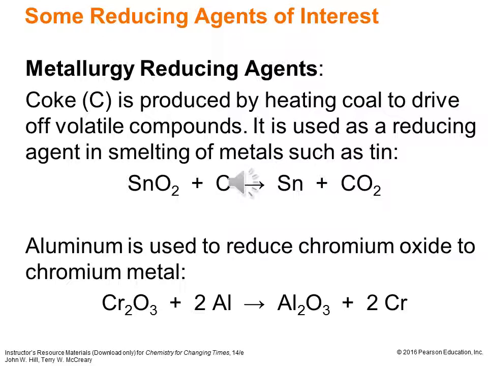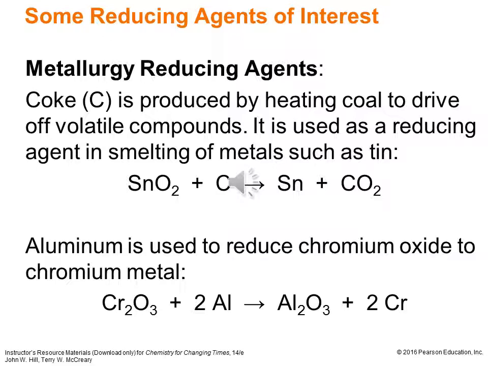And it's produced by heating coal and driving off the volatile compounds, and you're left with this coke, this essentially pure carbon that you can add to smelt metals like tin. Here we see in this reaction where the tin ore oxide is combined with coke, and then the tin is reduced to tin metal, and the carbon from the coke is oxidized to carbon dioxide.